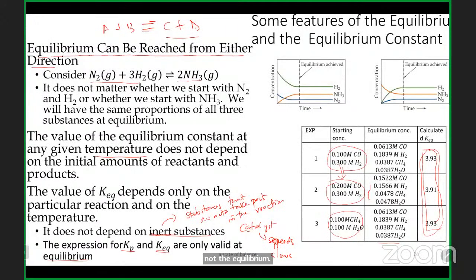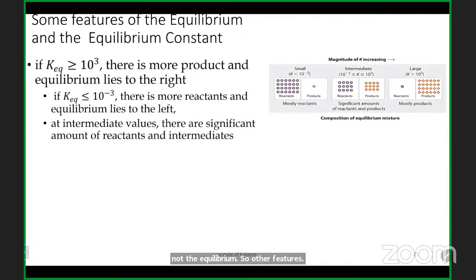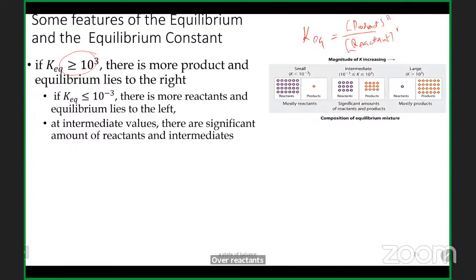Some other features: the value of the equilibrium constant, if it is high, remember, K equilibrium is product over reactant. So if it is high, that is more than 10 to the power 3, more than 1,000, then it means that this ratio is greater than 1, and then you have more products.